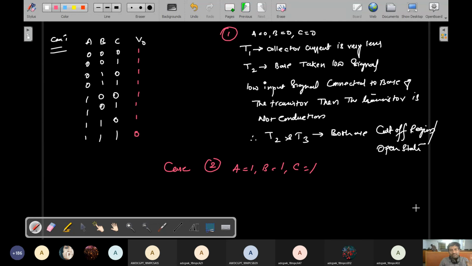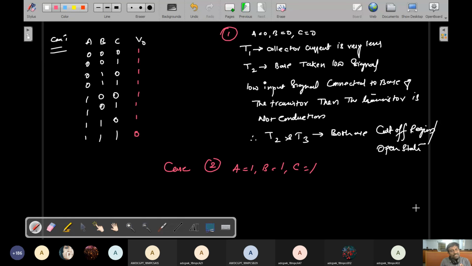Okay, and similarly for the last condition, you see all the inputs are high. Whenever all the inputs of the emitter of the first transistor are high, then the bases of transistors T2 and T3 get a high input signal. Due to this high input signal, transistors T2 and T3 are both in the activated region, so they are in the saturation region.